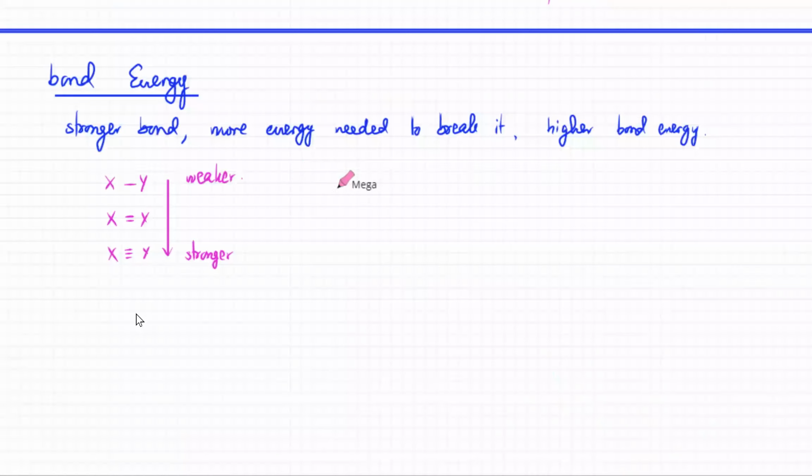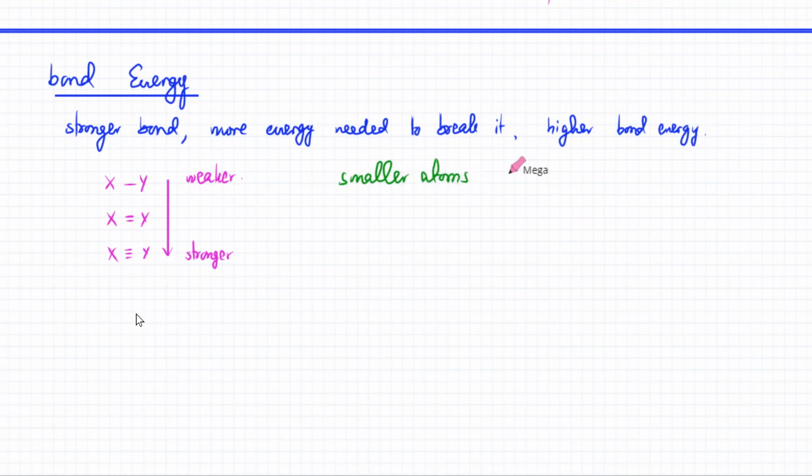The other thing you should also remember is another factor: smaller atoms usually make stronger bonds. The reason for that is that when you have smaller atoms, they're closer to each other, so there's going to be more attraction.